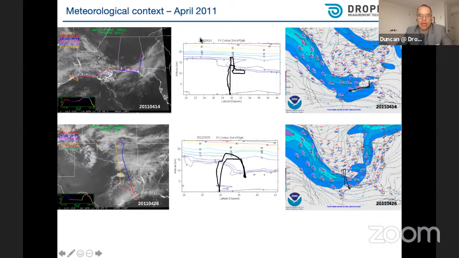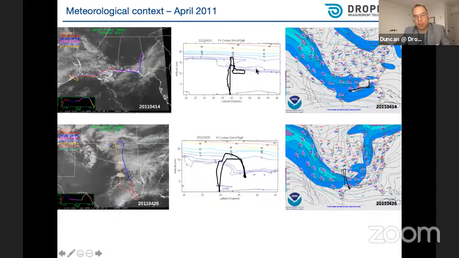So what you see here is a plot of latitude and altitude, and I'm plotting the potential vorticity contours. And you see that as we go poleward, the potential vorticity contour of 2 or 3, which typically indicates the location of the dynamic tropopause, is lower.